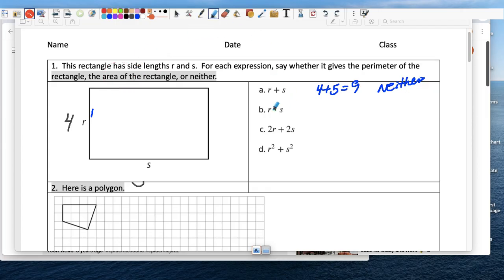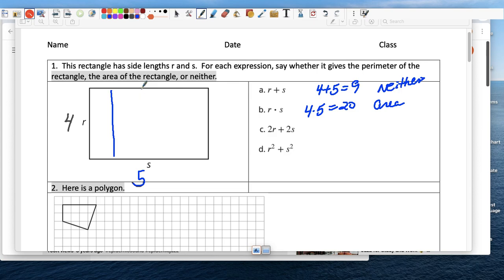Okay. Second one, r times s. What happens if I take r, which is represented by the number 4, and I take s, which is represented by 5, and I multiply them? 4 times 5 gives you 20. What does that actually represent? If you multiply 4 and 5, you get the area, the number of square units inside.